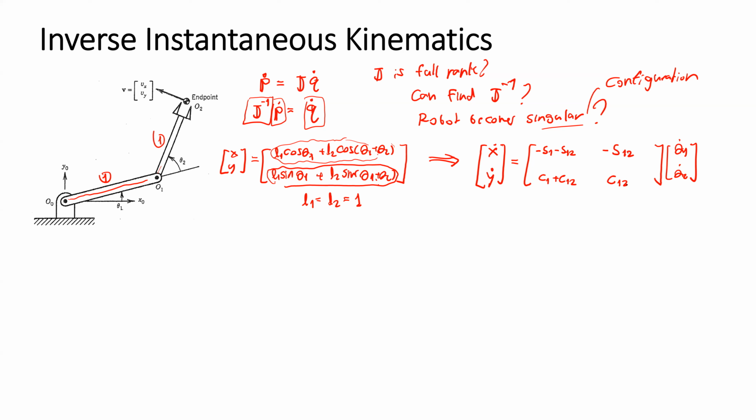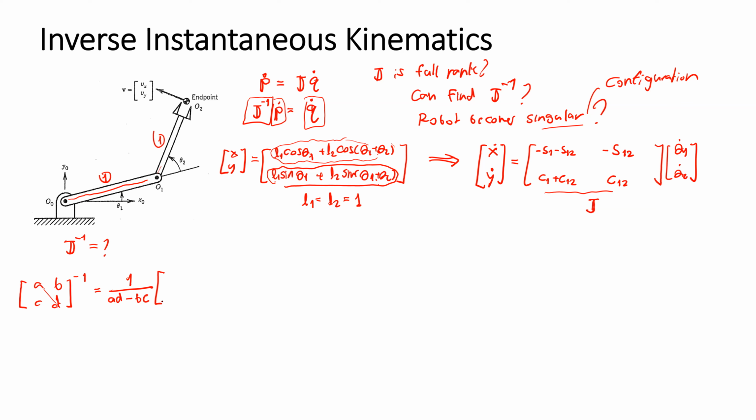So this is the Jacobian. If this is the Jacobian, what should be the inverse of the Jacobian? If you have a matrix A, B, C, D, the inverse of the matrix is 1 per that determinant, AD minus BC, right?